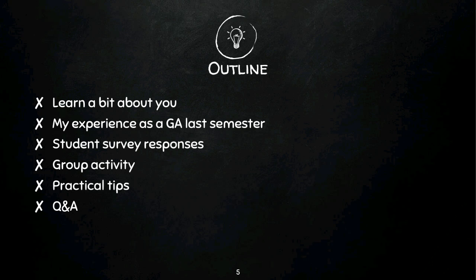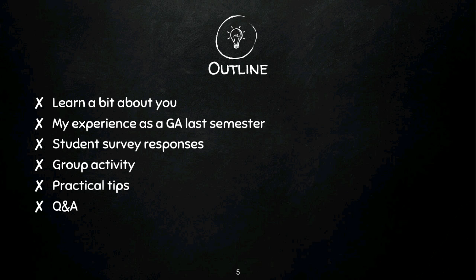So the outline for this workshop, I'm not expecting it to go the full hour and a half, but we'll see how it goes. I want to start off by learning a little bit about you, the participants in this workshop, so I can understand your experience and what you're hoping to get out of this workshop and make sure that I'm covering all those areas. And then I want to talk about my experience last semester as a GA.